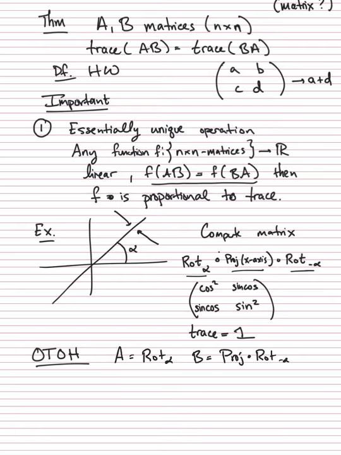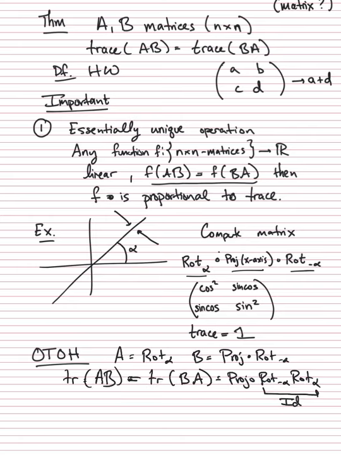Then AB is the matrix we're interested in, but the trace of AB is equal to the trace of BA. And BA is projection, rotating by minus alpha, rotating by alpha. And this just cancels out, right? This is the identity matrix. In other words, BA is just projection onto the x-axis. So it's 1, 0, 0, 0, and that's completely obvious to compute the trace.